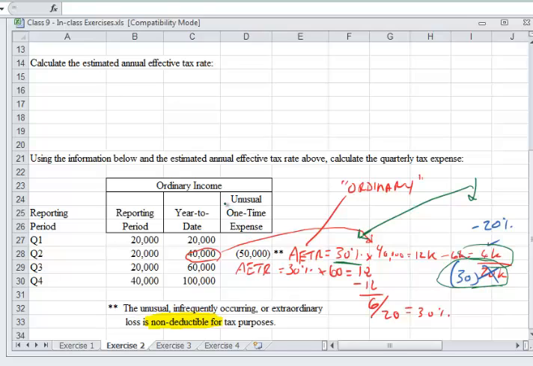Okay, so the point is, you can have rate volatility from quarter to quarter for many reasons, right? The first reason we already learned was this kind of catch-up effect when you revise your annual forecast, right? The second effect we're learning is changes in one-time items that don't get baked into our forecast, but we book them discretely to a quarter, okay? Everyone has discrete items.